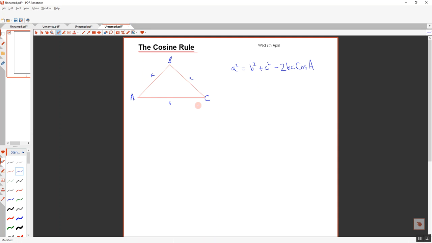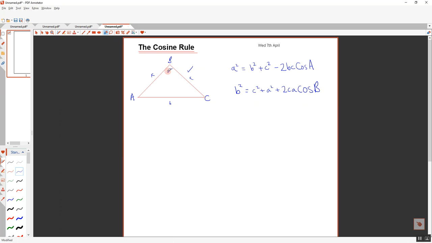If I want to find out what b is, I need to know this side, and the angle in between. So it would be c squared plus a squared minus 2ca times the cos of the angle in between c and a, which is B.